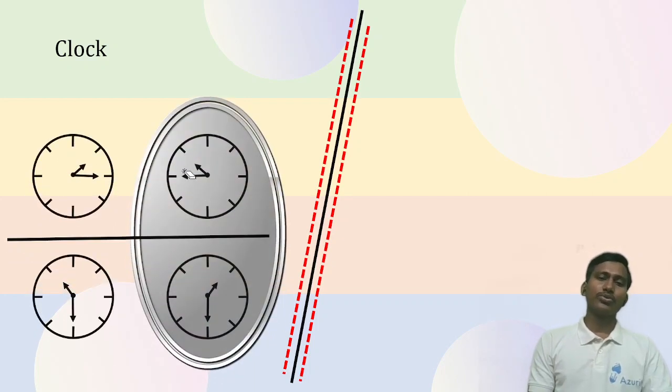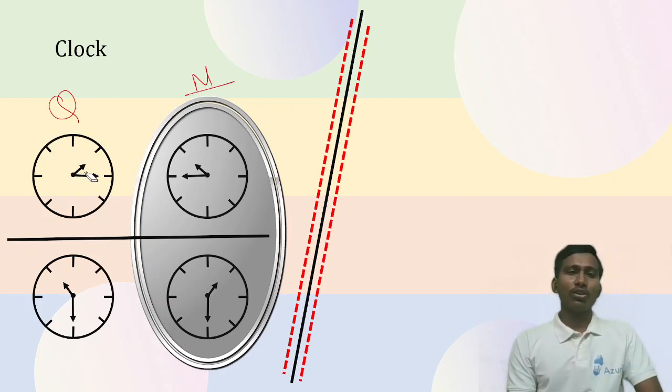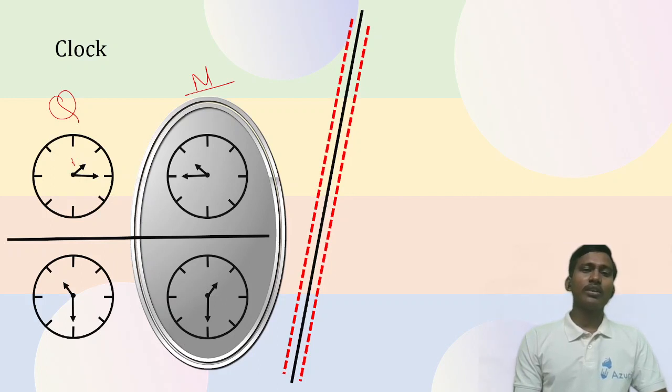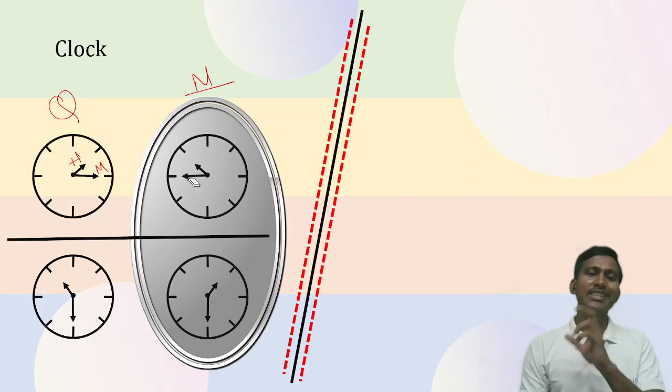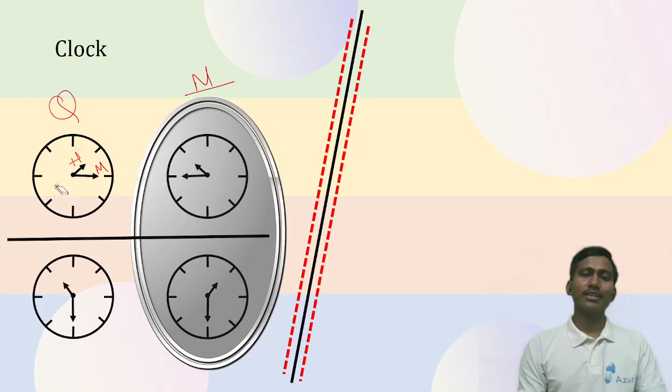Here if you see, this is the clock. This is the question figure. Understood? And this is the mirror. Here in the clock, this is the hour hand, this is the minute hand. If you see, the minute hand is near the mirror. So this should be like this, that is, the arrow is going towards the mirror.